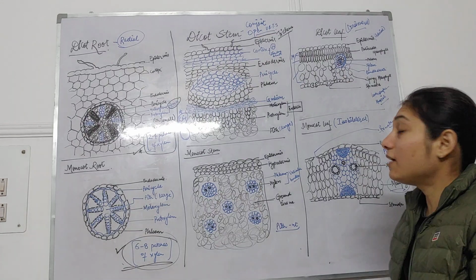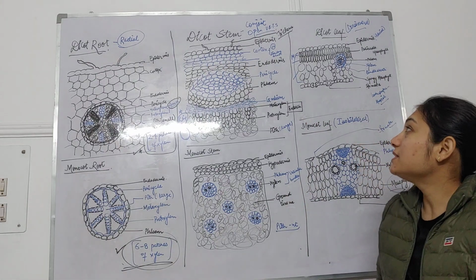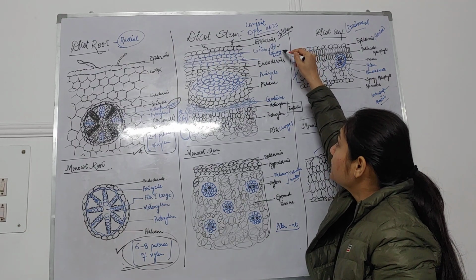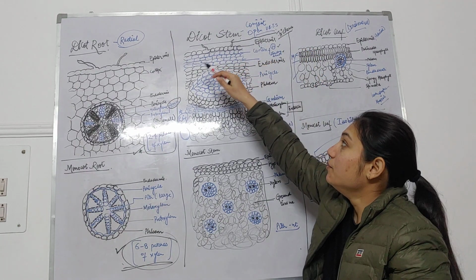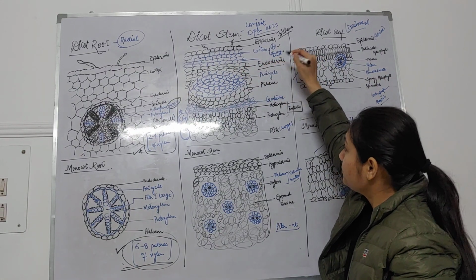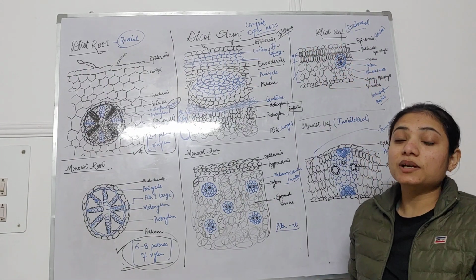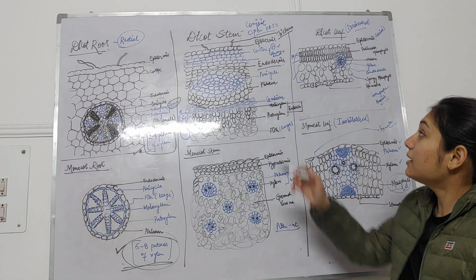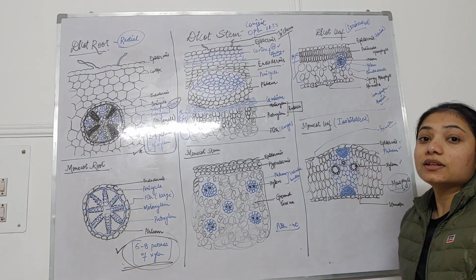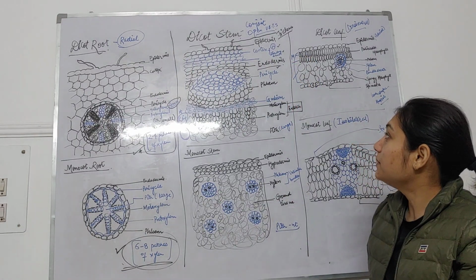After that, below the epidermis, a few layers of cortex are present, which is divided into 3 parts: hypodermis, then starch present between the layers, and the innermost layer called the endodermis. Hypodermis is made up of sclerenchymatous cells, whereas below the hypodermis, the starchy sheath is present, which has reserve food material as starch, and the innermost layer is the endodermis.